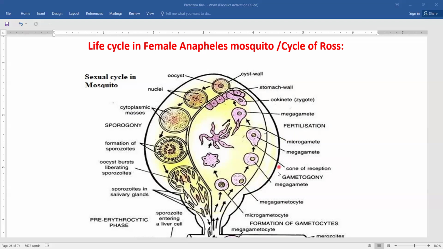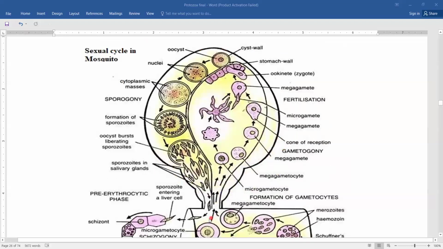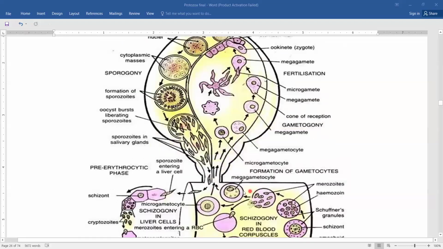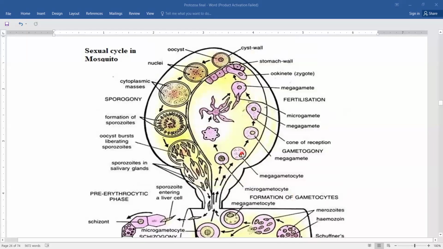Here, if you observe, when a mosquito bites the infected person having these gametocytes, they reach particularly the intestine of the mosquito. In the gut of the mosquito, they undergo some physical and physiological changes.